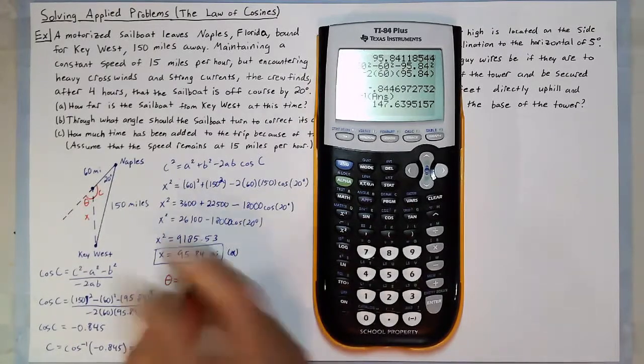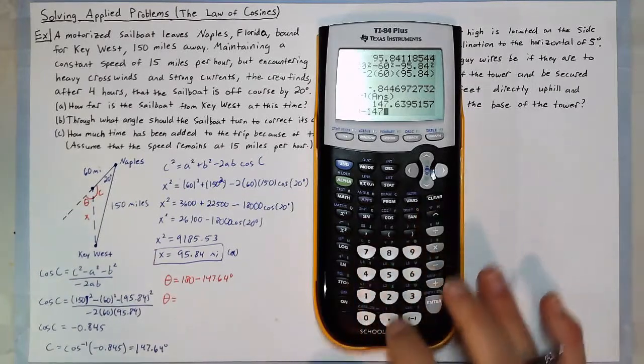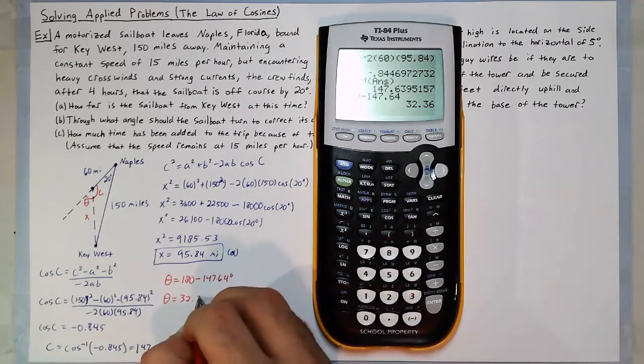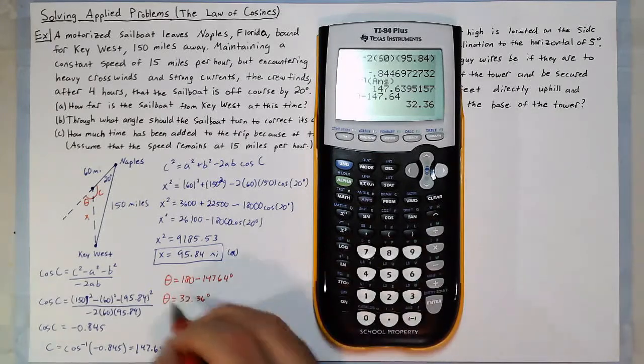So the angle that they need to turn their ship would be 32.36 degrees, I guess, to the left of which they're heading. That's for part B.